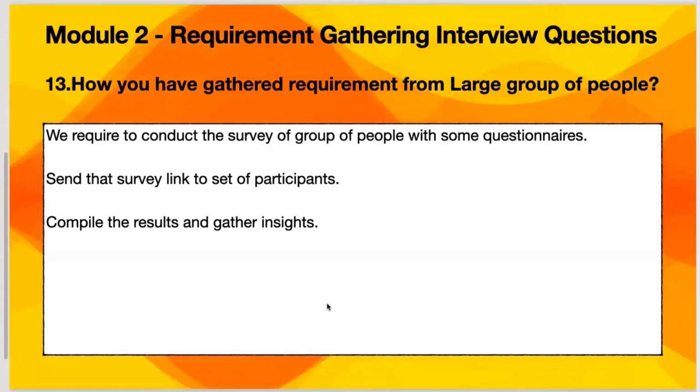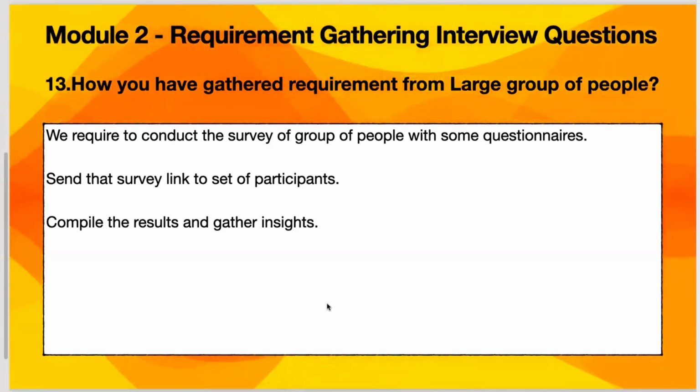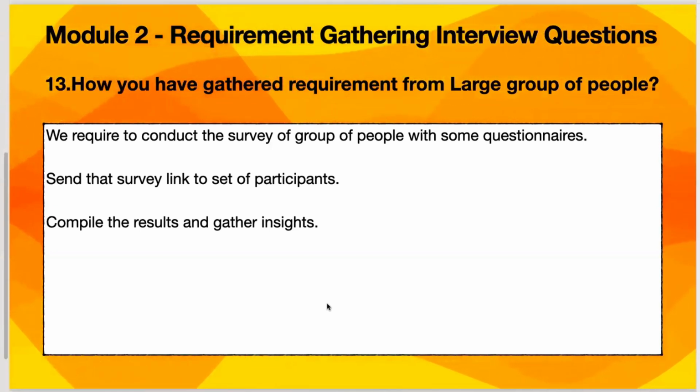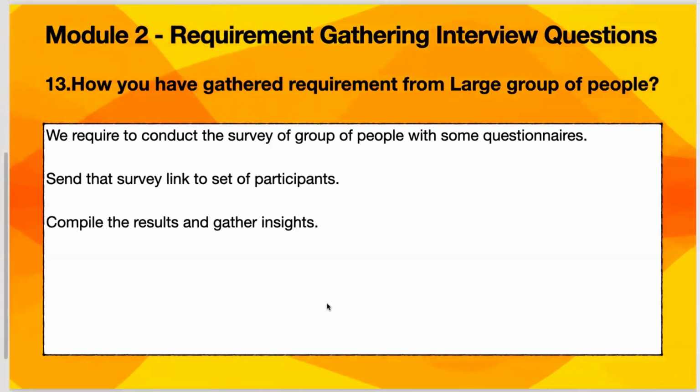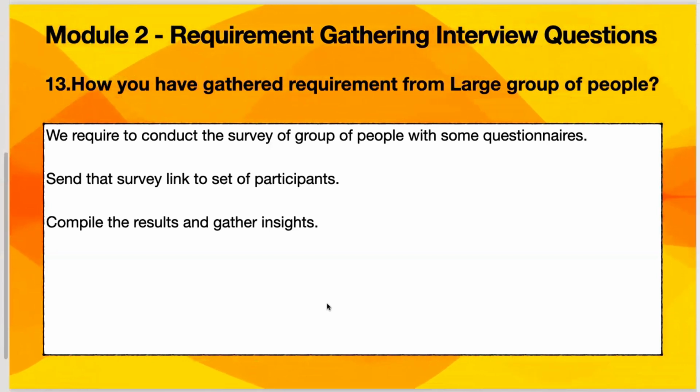Usually, when you are required to gather requirements from a large group of people, it is better to send a survey link, so that it's very easy for the people to navigate and submit the feedback. So you can compile the results, and you can actually gather the requirements.